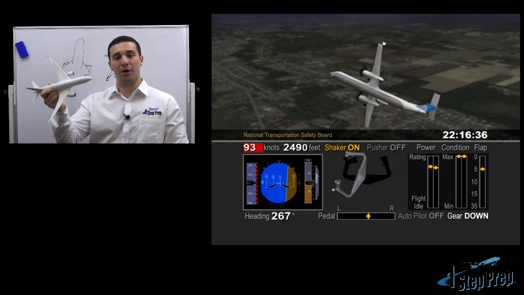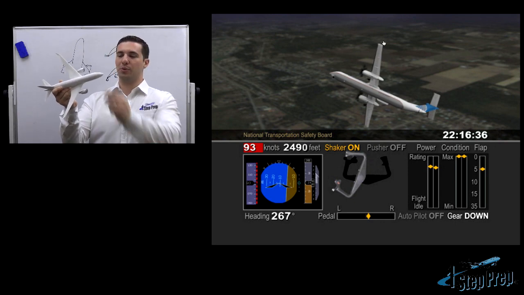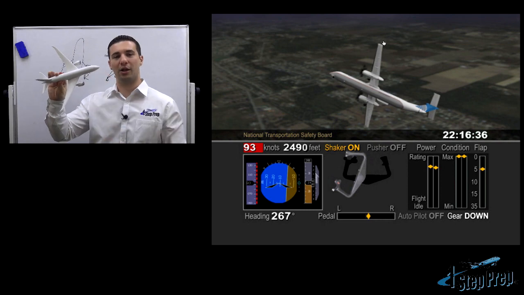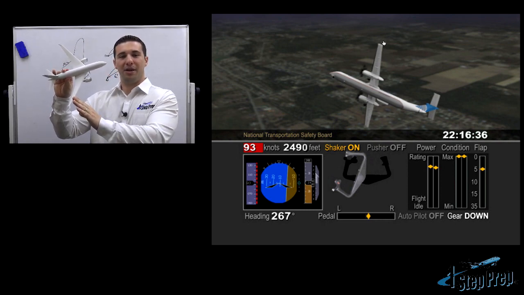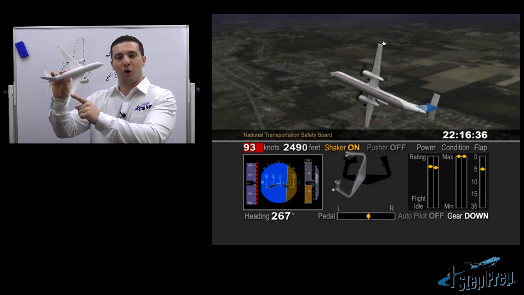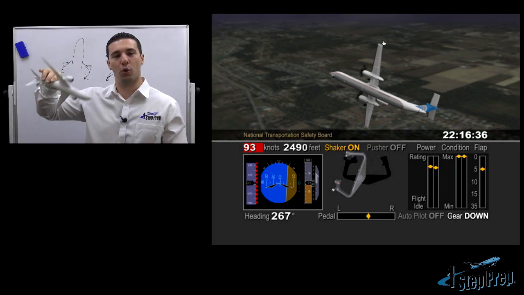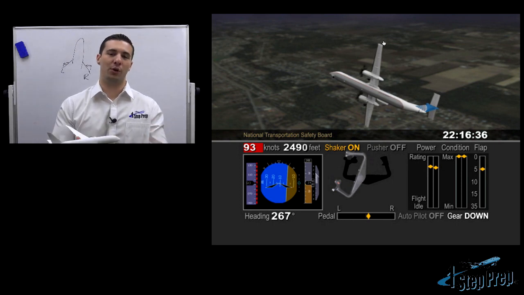But as we now know, and we're describing in this video, we're in a roll unstable situation here. So if I actually put left aileron, I'm further stalling the right wing because of the downward aileron movement, and as a result of a further stalled right wing, I'm only causing the aircraft to roll over more aggressively than I would have otherwise if we would have just unloaded from the beginning.